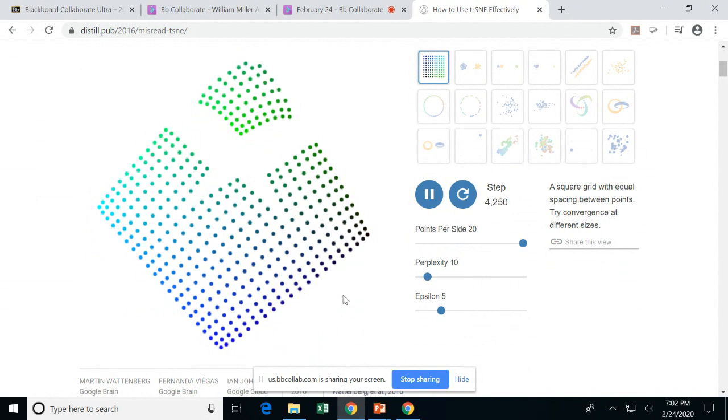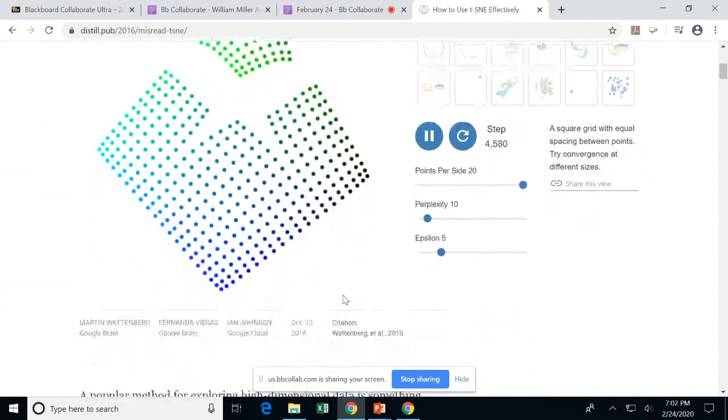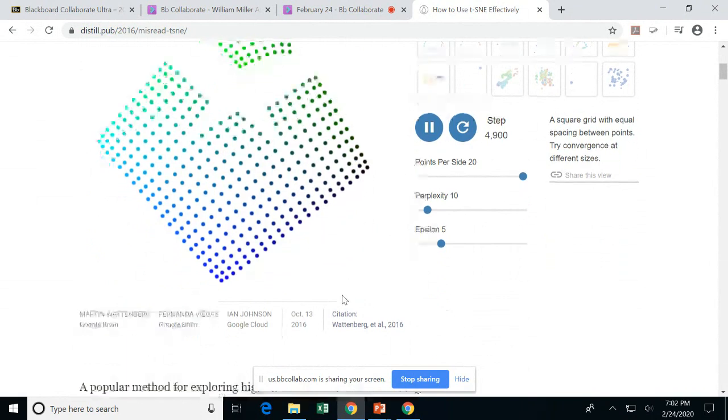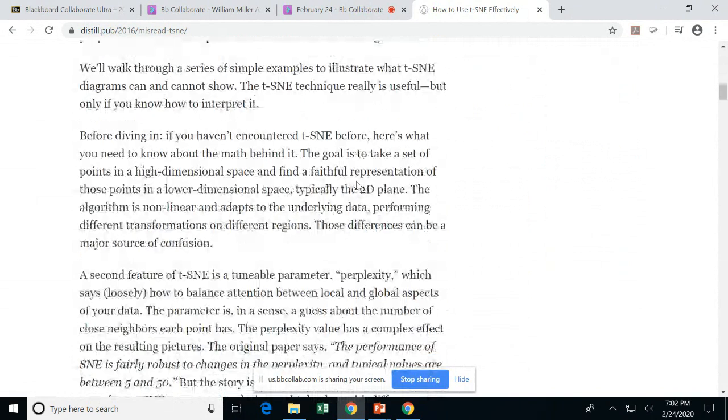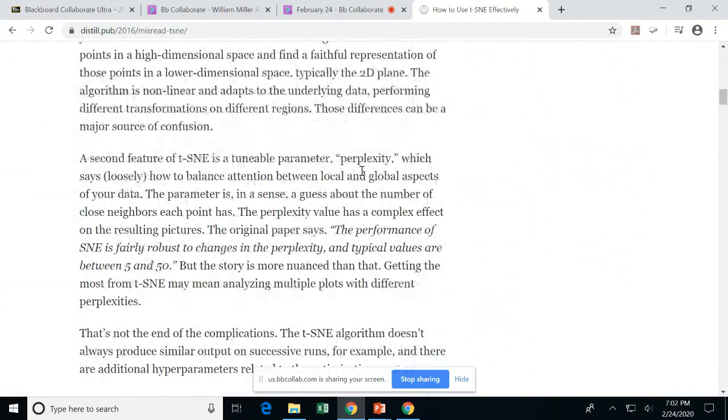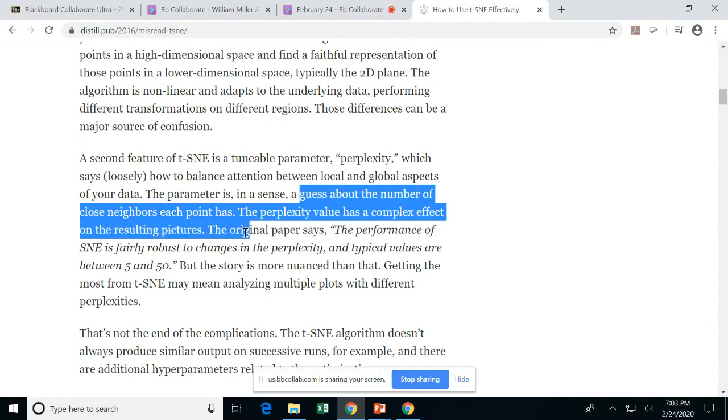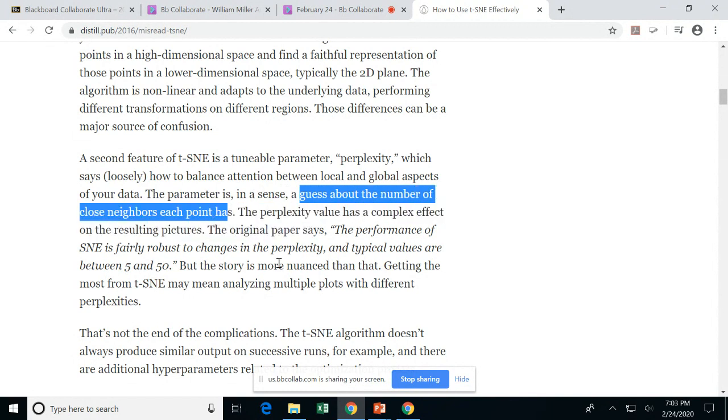And the perplexity, which they try to explain in this article, is how loosely balanced the attention is between local and global aspects. So should you look at a global picture and process everything about the same, or should you be more focused on the local neighborhood? Another way they put it: the parameter is a guess about the number of close neighbors each point has.